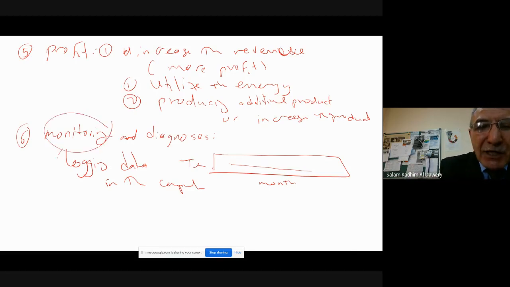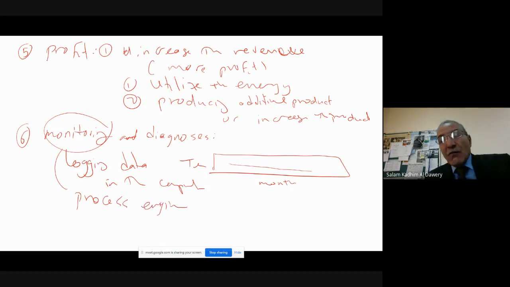So this is monitoring. It's important for daily issues. It can be sent to the process engineer to fix the problem. For a long period, that particular issue needs to be diagnosed, not just the temperature, maybe other issues. Sometimes the same problem happens regularly, maybe every week or every month.